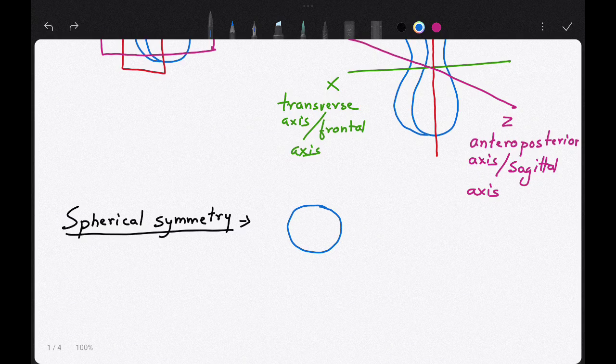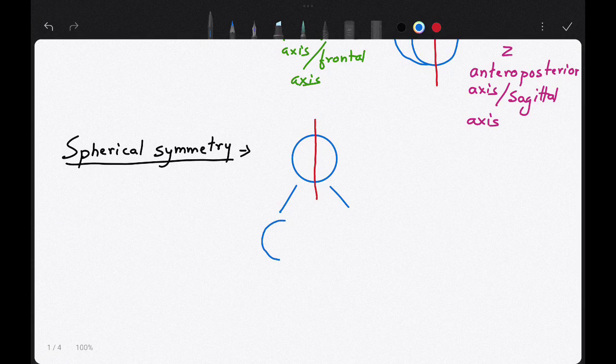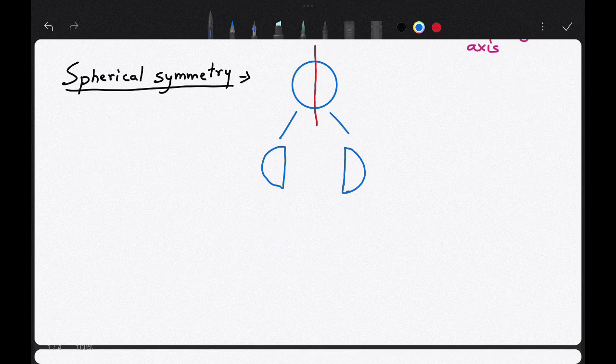Suppose if I cut this organism from the middle, this is spherical in shape, it will give us two equal halves. These two equal halves will look like this and this.